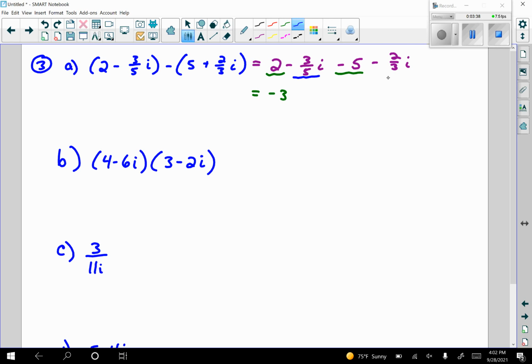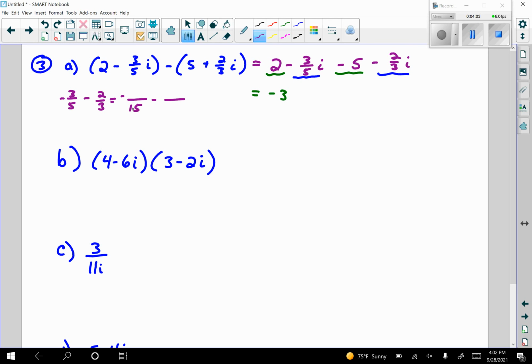Then I want to combine the fractions here. So I'm going to write this out off to the side. So we have -3/5. Now they're both negative. So I really want to combine -3/5, ignoring the i right now and then just putting it in at the end. -3/5 minus 2/3. So I need common denominators of 15.